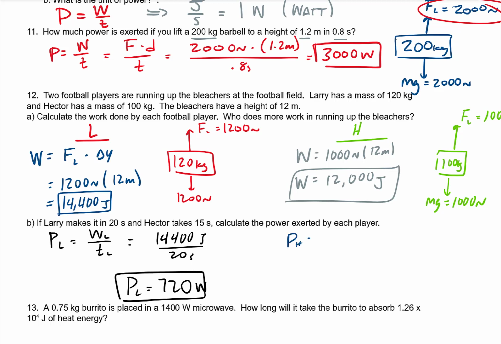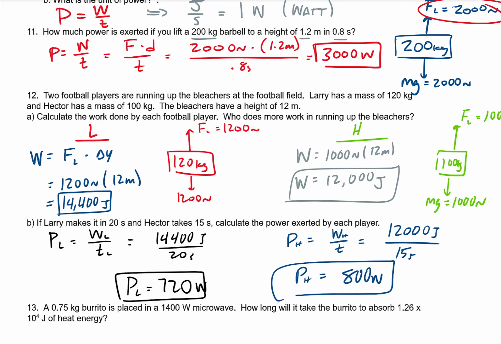Hector's power is going to be Hector's work divided by Hector's time. So 12,000 joules of work for Hector divided by a time of 15 seconds. So Hector's power comes out to be 800 watts. So even though Hector is doing less work than Larry, he's doing it faster, so he has more power.